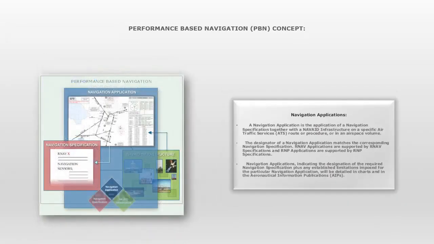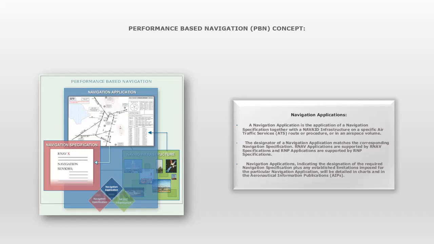Navigation applications. A navigation application is the application of a navigation specification together with a nav aid infrastructure on a specific air traffic services, ATS, route or procedure, or in an airspace volume. The designator of a navigation application matches the corresponding navigation specification.